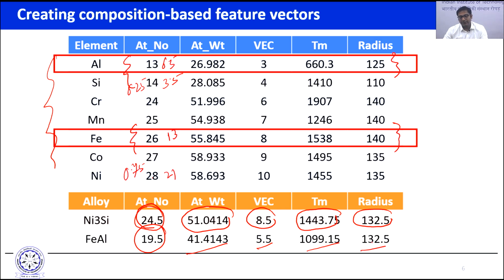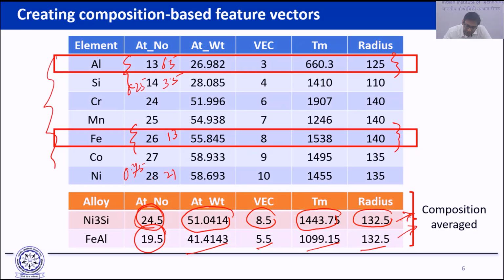Now, what is interesting is you might actually start with elements having different elemental features, but when you mix them, because you are doing a composition weighted averaging, it is no longer essential that the resultant features will be identical, because we are doing some amount of composition averaging over here.